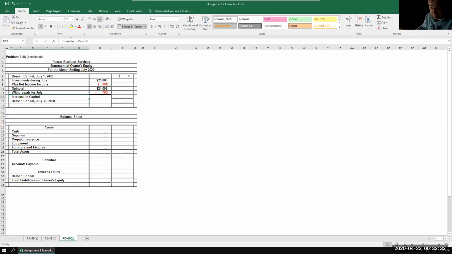In this case, we are actually going to have to change it to decrease because we've lost money. And that will be our decrease in capital, our subtotal from before, after taking out the 901 and now taking out the 700.